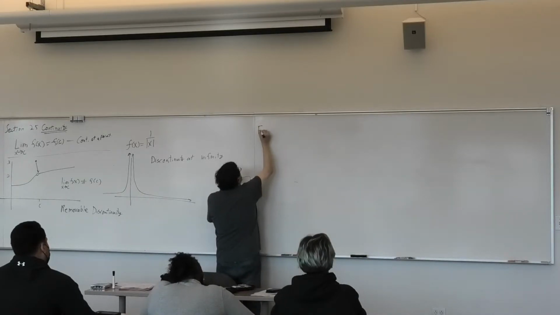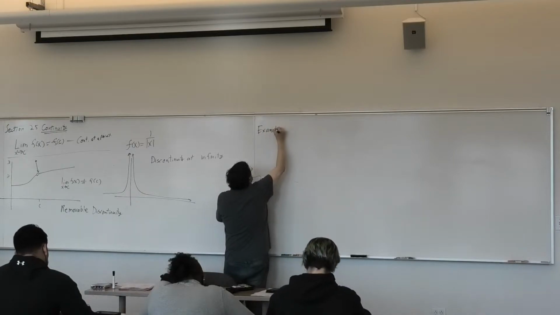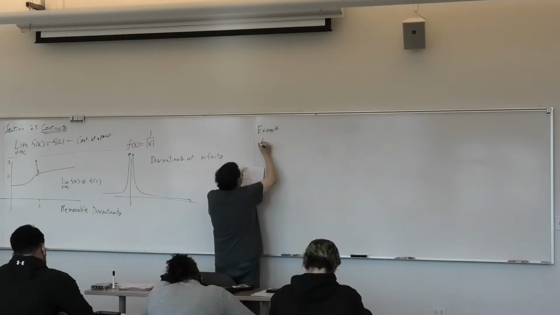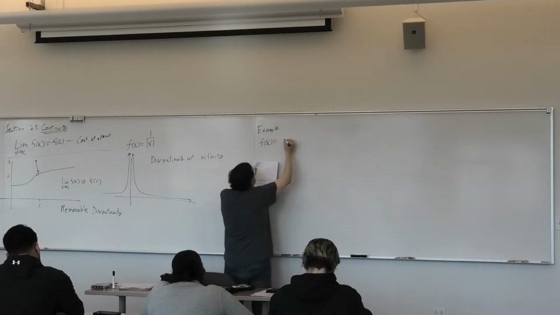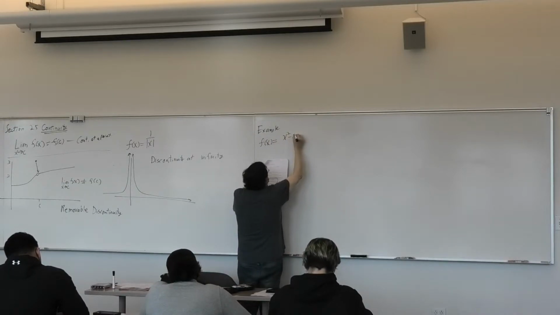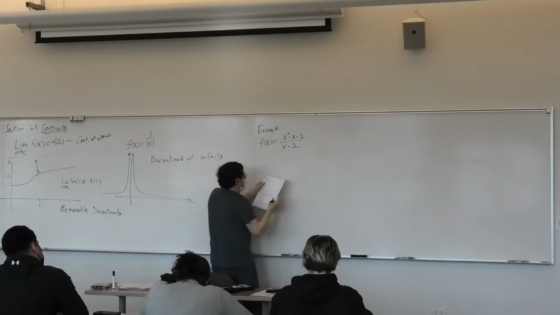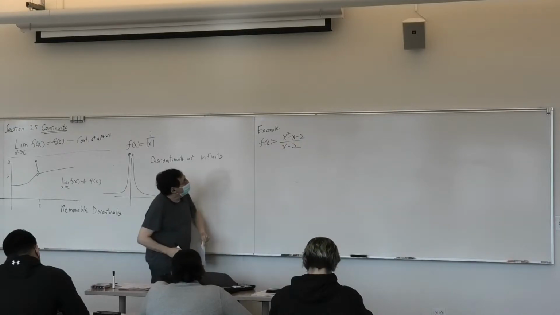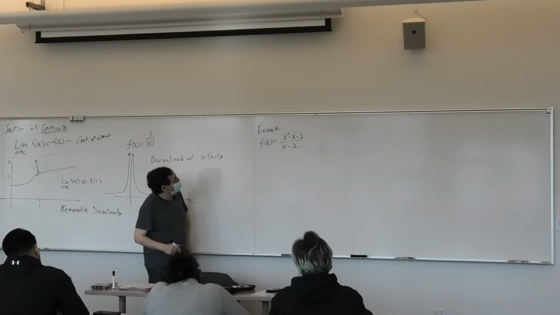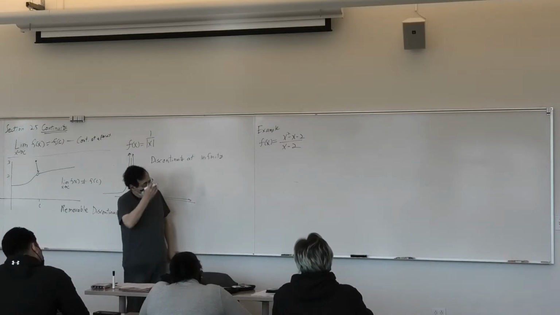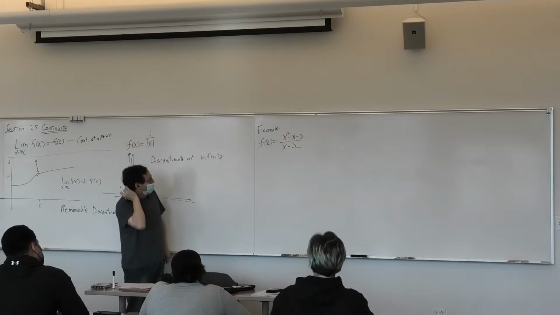Example. f of x equals x squared minus x minus 2 over x minus 2. The question is, where is this function discontinuous, and what kind of discontinuity does it have?